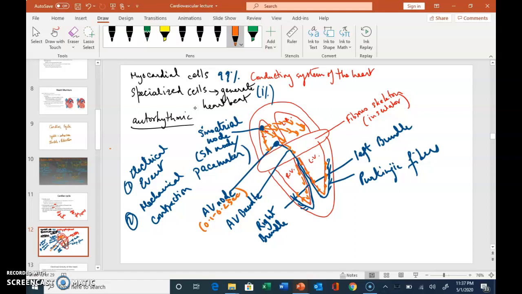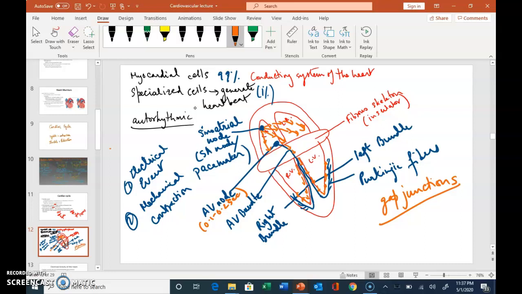Now, another thing. The SA node cells, the AV node cells, the AV bundle cells, the right bundle, left bundle, and Purkinje fibers. Remember, these are all specialized cells. Now, these cells are connected to each other by gap junctions. Remember gap junctions?